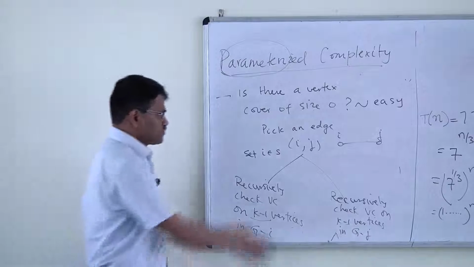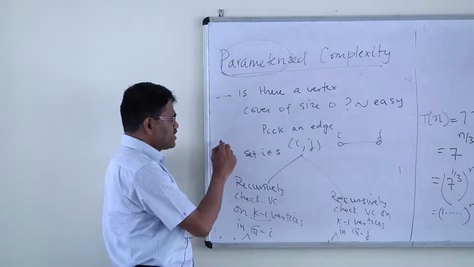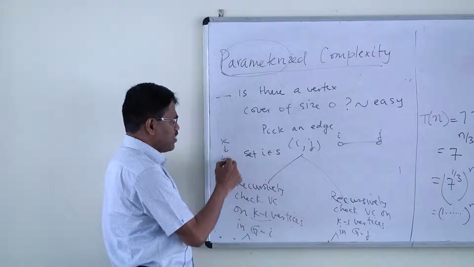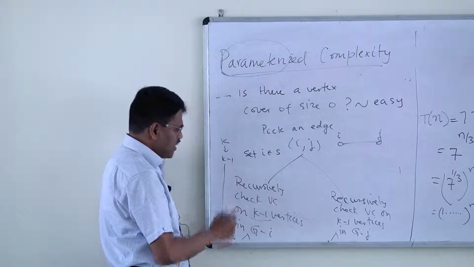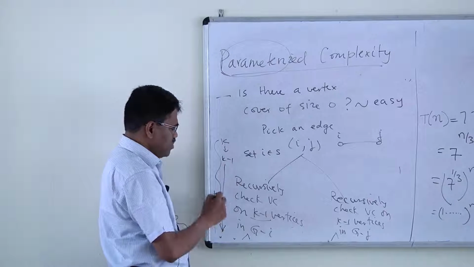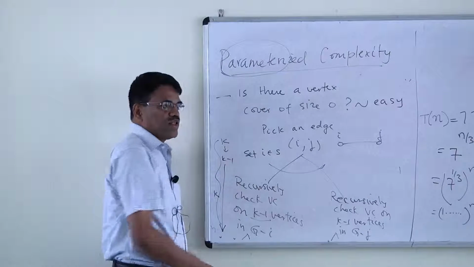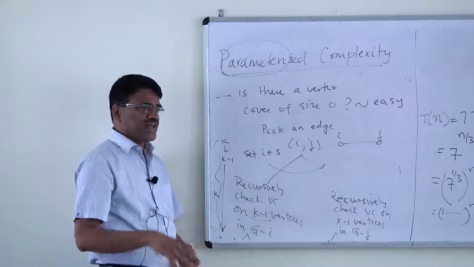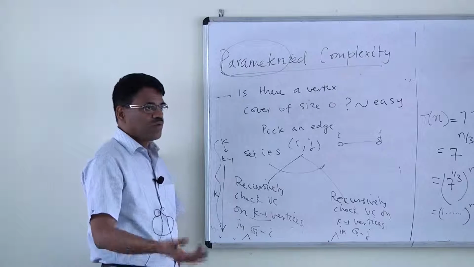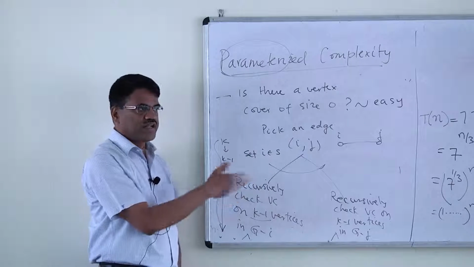So k gets dropped at every step. The height of this branching tree would be k, and at each step I am doing a 2-way branch, so the overall thing would be 2 to the power k steps, and at each step I am doing some polynomial time work to remove a vertex and delete some edges.